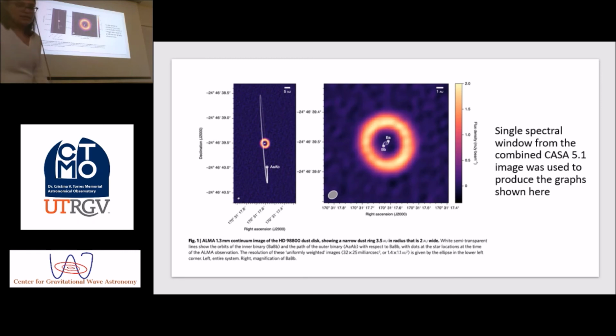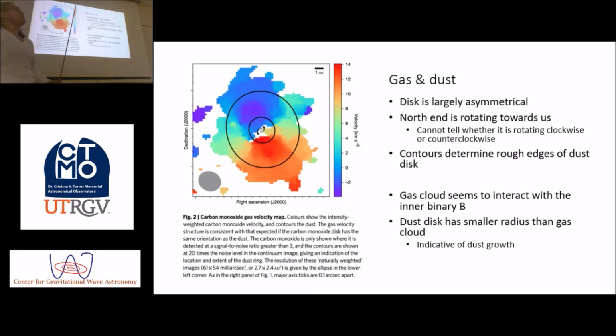Right, so there's that image. Again, this is the image of the dust disk forming around binary B. This is an image of the gas cloud that they were able to identify around binary B. These lines show the inner radius and the outer radius of the dust disk.